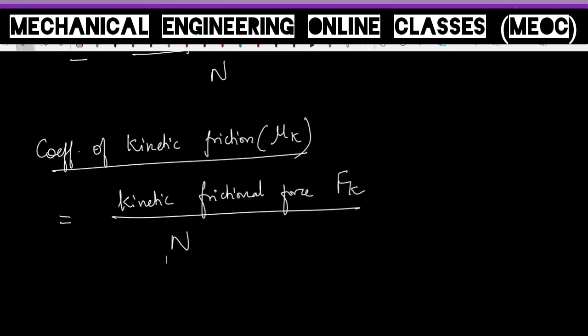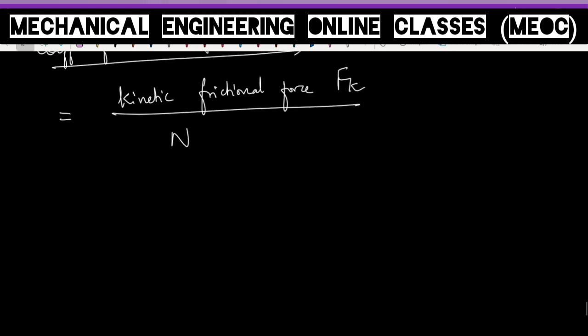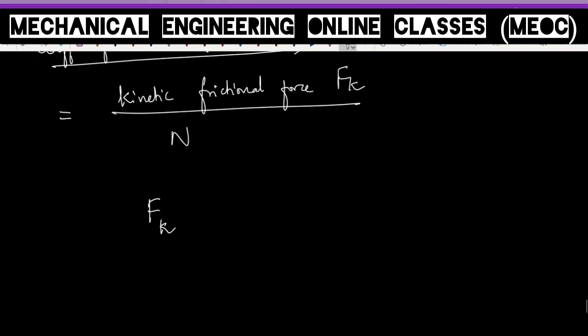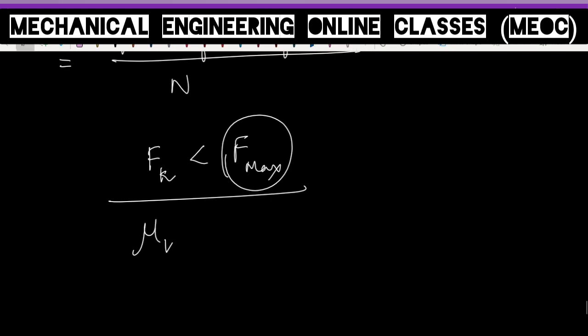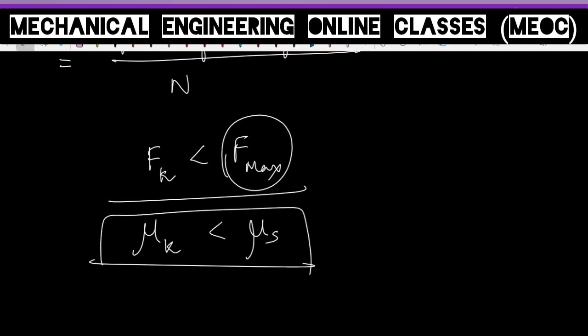Similarly, if mu k is the coefficient of kinetic friction, then that will be the ratio of kinetic frictional force to the normal reaction. As we know, Fk is always less than F max. F max is possible in static condition, the maximum value of friction at impending motion. Because Fk is always less than F max, mu k is also always less than mu s.